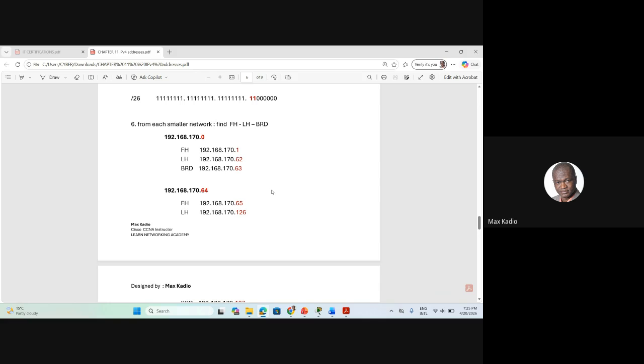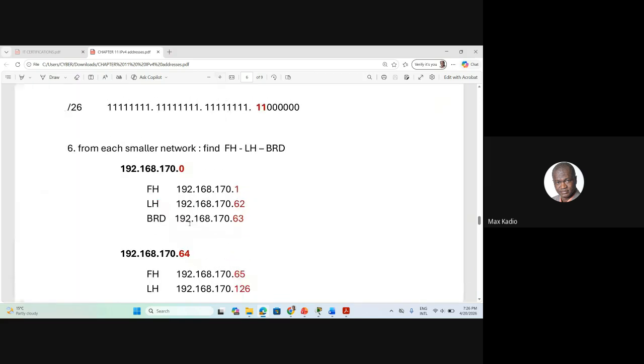So when you have, let's say, the very first network, inside we need to find three elements. The first valid host we can assign to a PC, the last valid host we can assign to a PC, and the broadcast. To find the first valid host, you do the network plus 1.